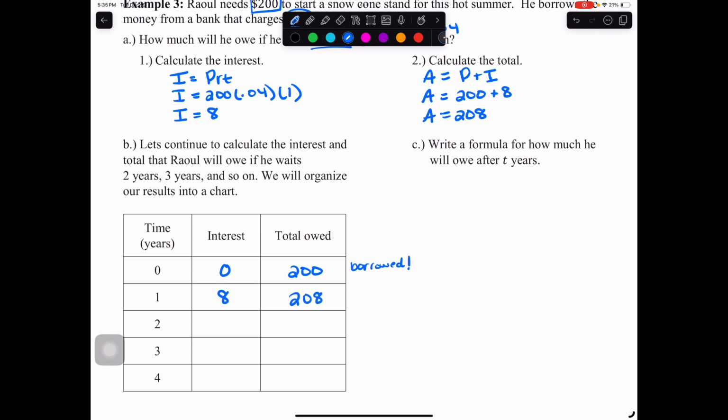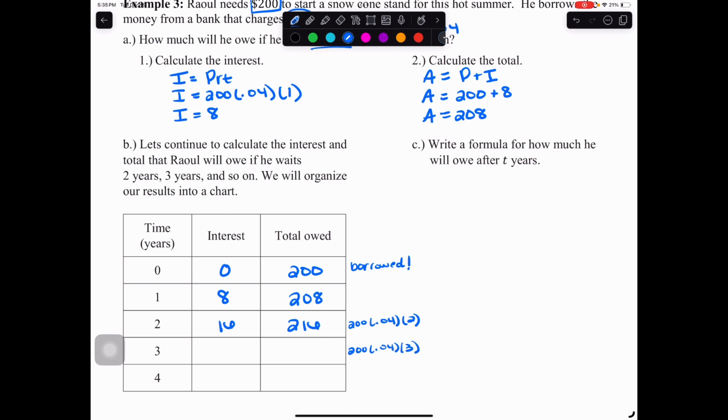If I wanted it to be 2 years, I would have the same formula up top, but I would do 200 times 0.04 this time times 2. That would give me 16 for a total of 216. For 3 years, I would do 200 times 0.04 times 3.